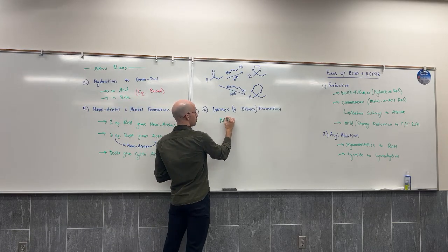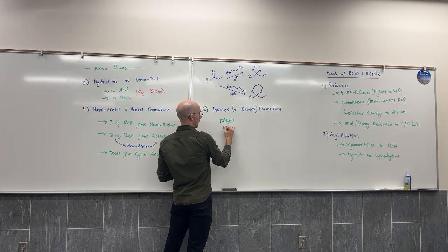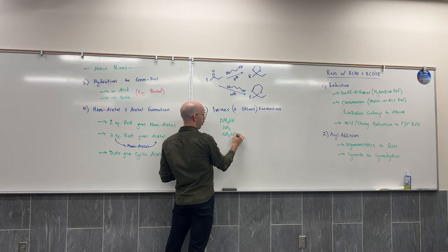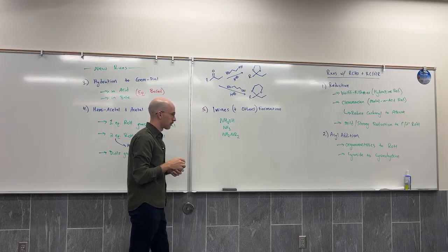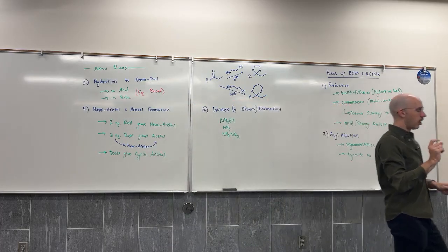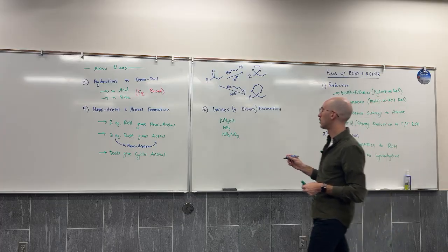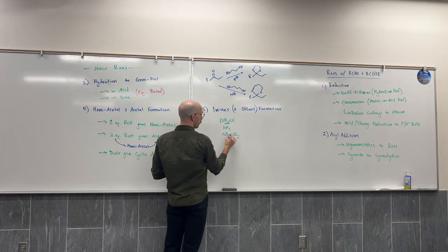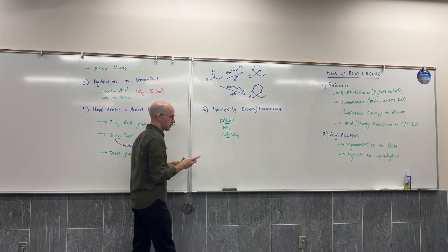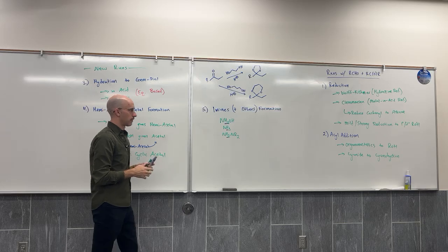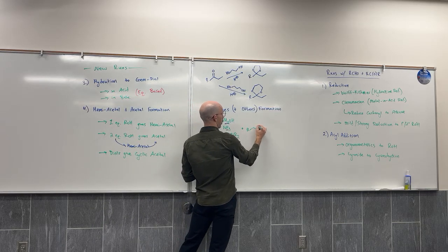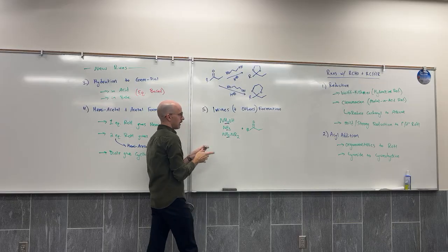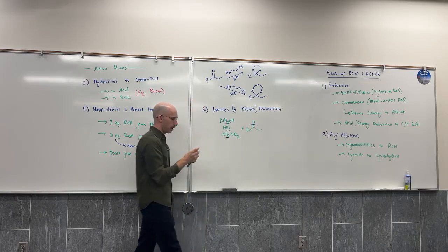So NH2OH, NH3, NH2NR2. These reagents all have a nitrogen with 2 hydrogens that can be lost. Plus, their reaction with the carbonyl carbon includes an oxygen that can be lost.